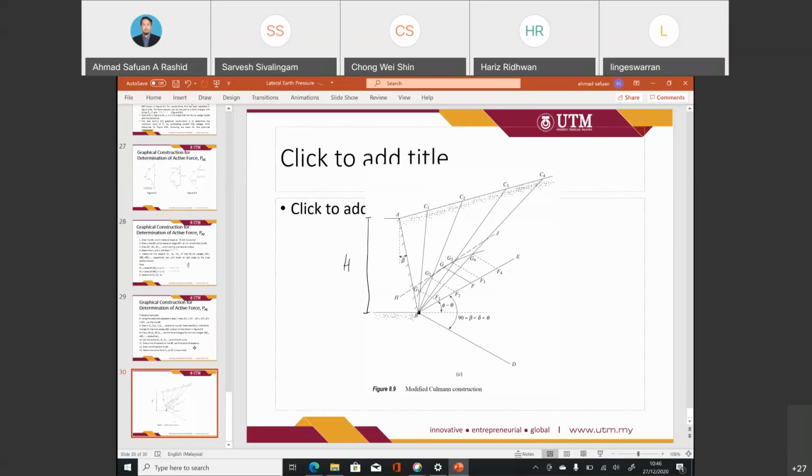Then from there we may construct, for example, the retaining slopes and also the backface slopes. So that is our first task.